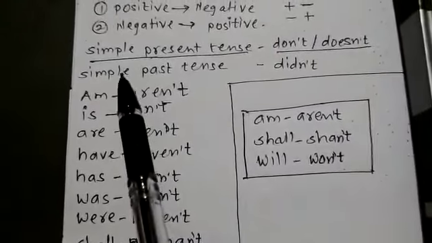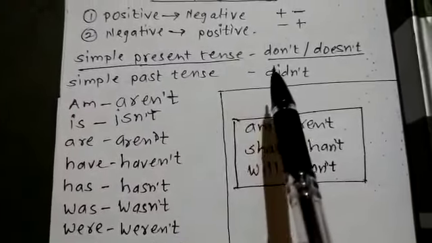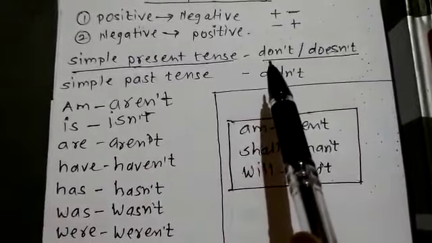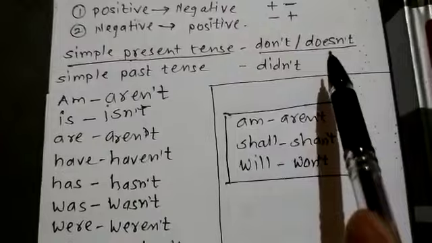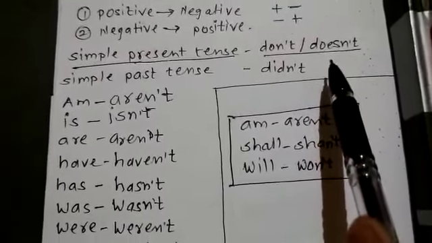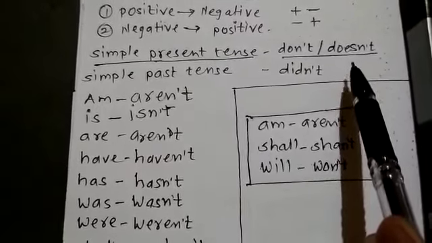Now see, simple present tense. Whenever there is a sentence of simple present tense, at the end we add don't or doesn't. When there is a third person singular like he, she, it, or any third person singular subject, at that time we add doesn't.